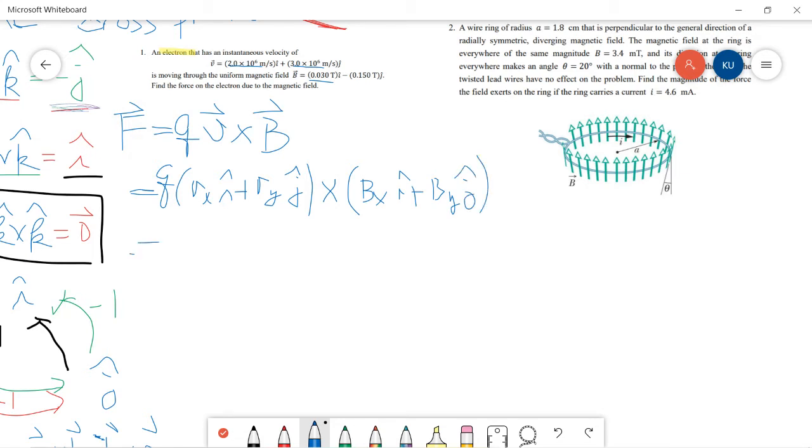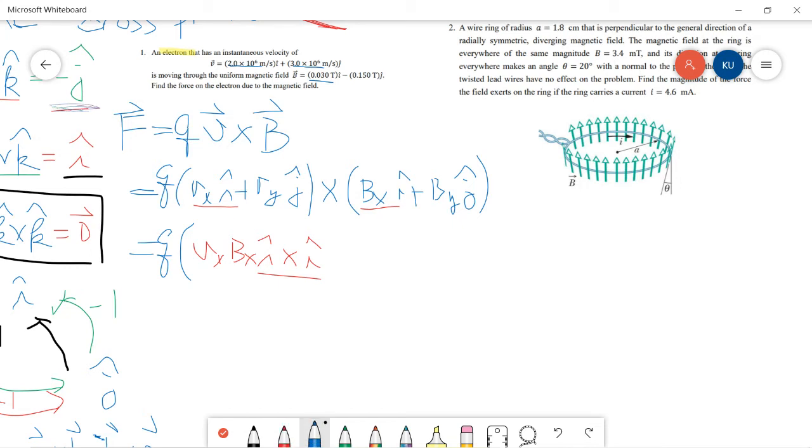So actually we can just multiply it out. First we have this term multiplied by this term. So we have Vx Bx I cross I, which should be a zero vector.